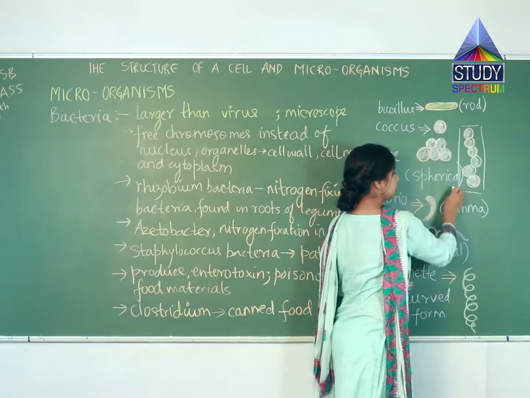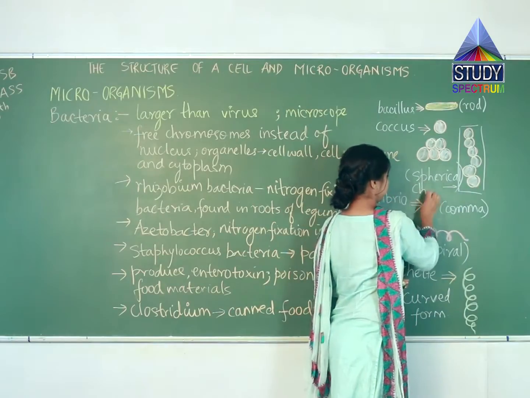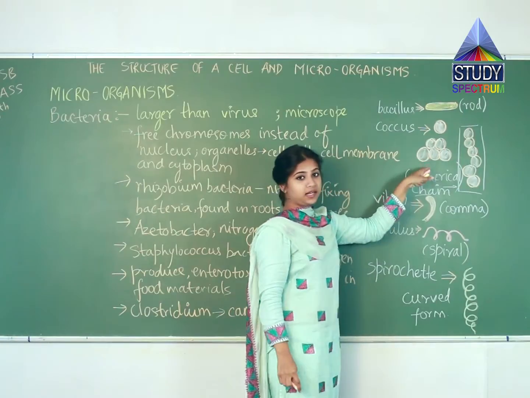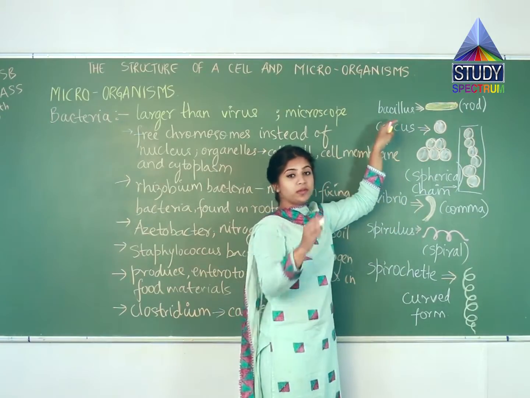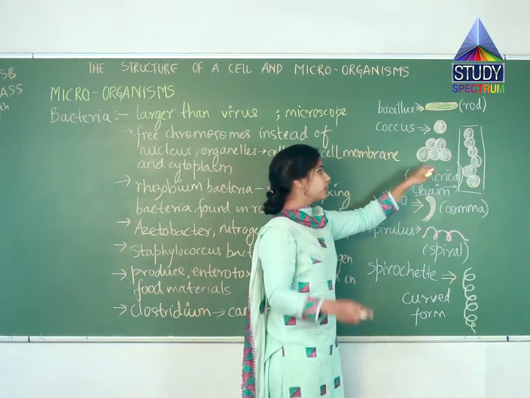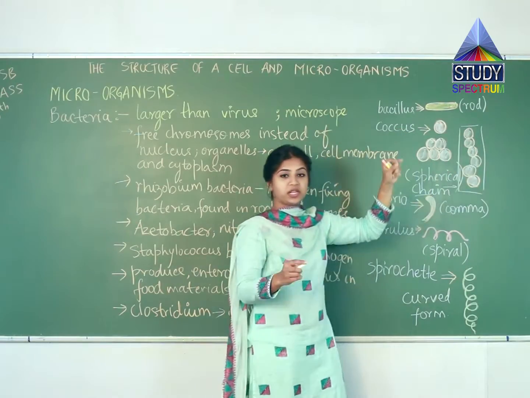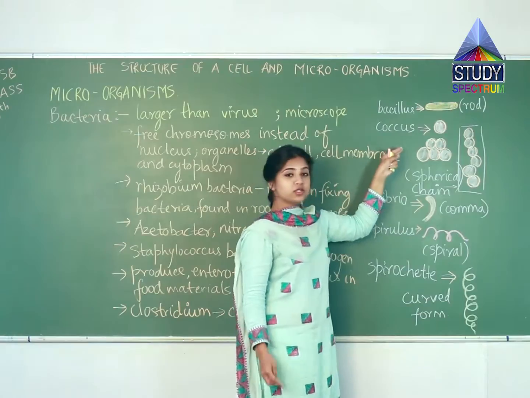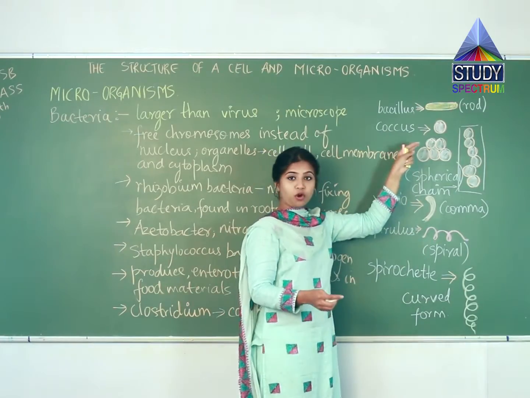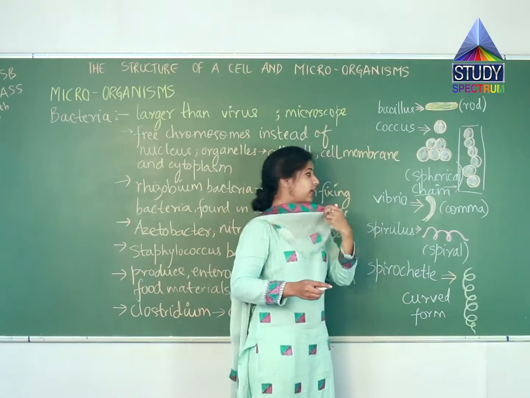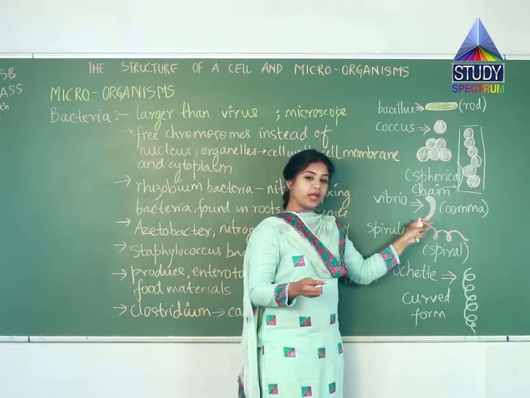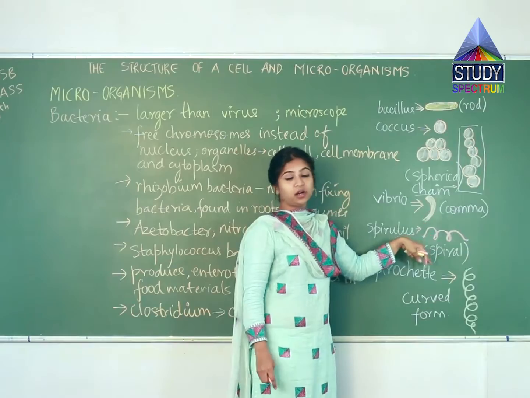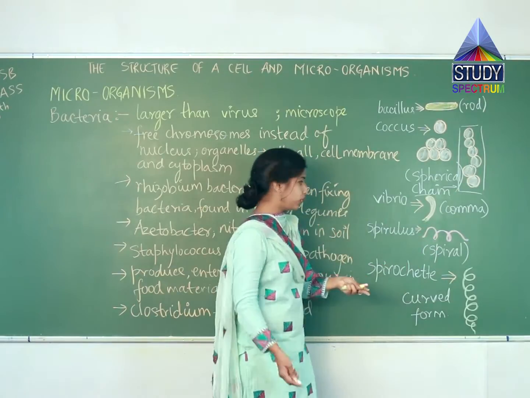This is the chain pattern, and this is the clustered form. Whereas the bacillus can exist only in the form of chains. Chains of bacillus, chains of coccus, cluster of coccus. You define it to be like that. The next one is the vibrio. Vibrio, I told you again, is slightly curved or in the shape of a comma.